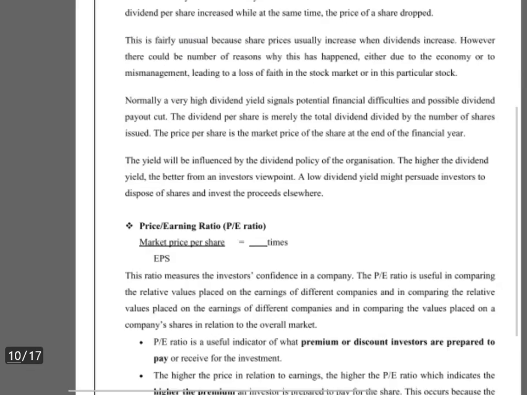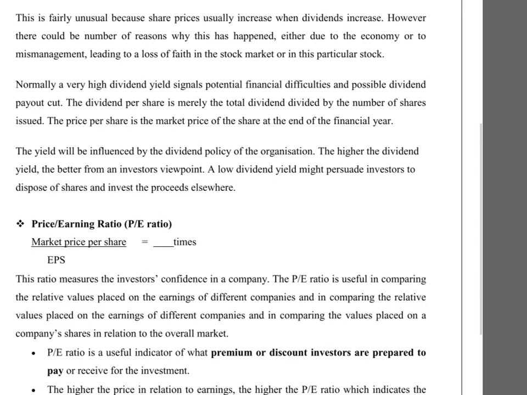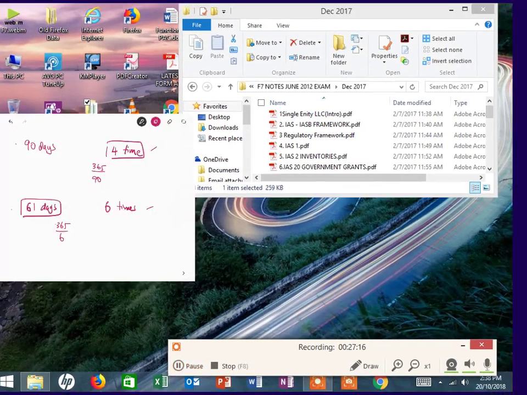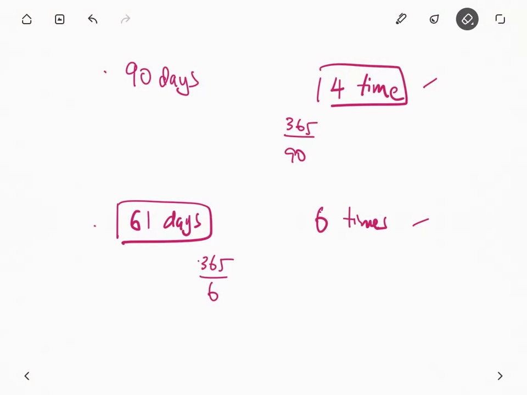P/E ratio. Explained before during EPS, earning per share. P/E ratio, you want to repeat quickly? Here, a very important ratio for investors is the P/E ratio, especially EPS. That's why we have one standard on EPS, IAS 33.